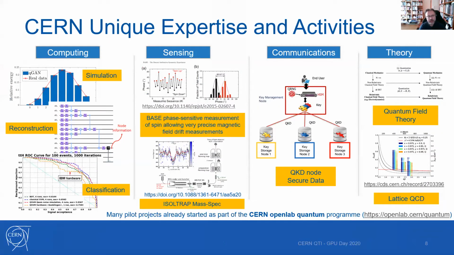So already today at CERN, there are a number of unique activities and unique expertise in different fields, and especially in the 4 traditional fields of quantum information science.